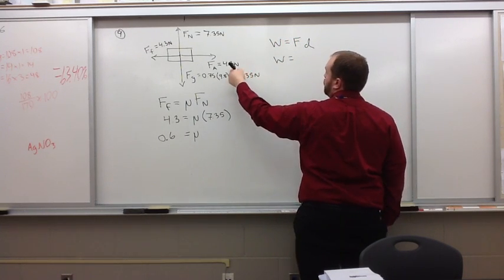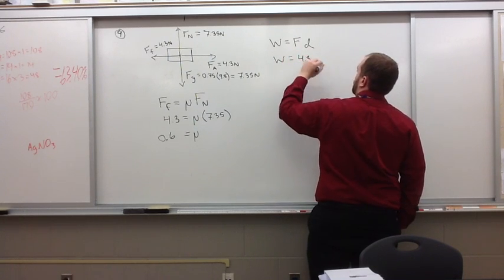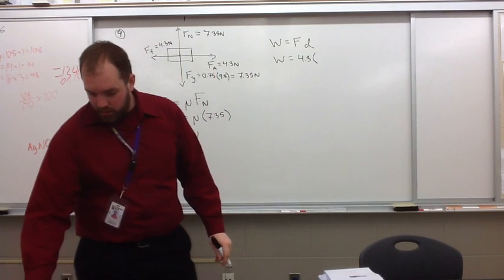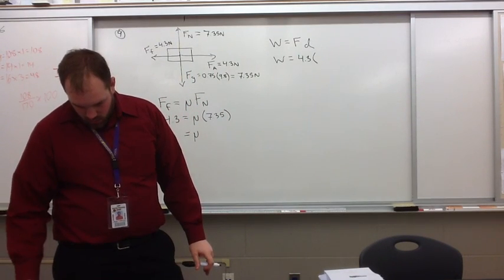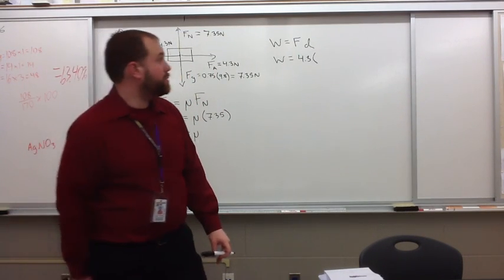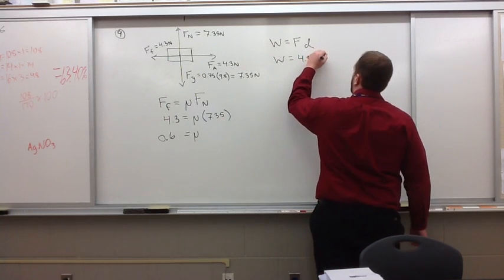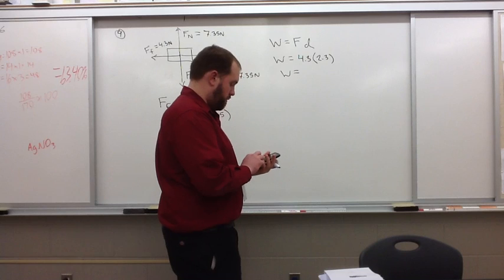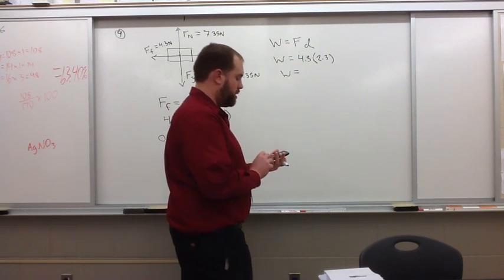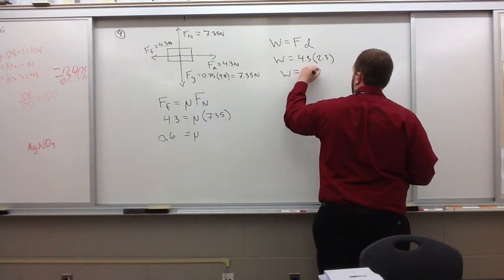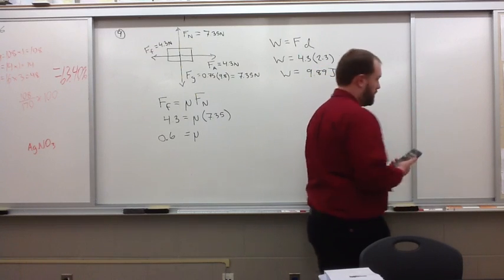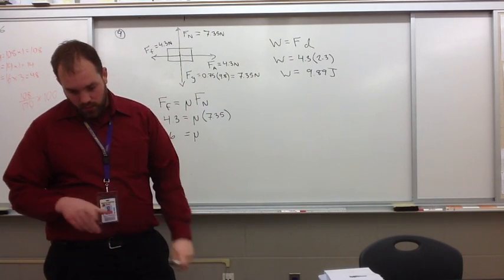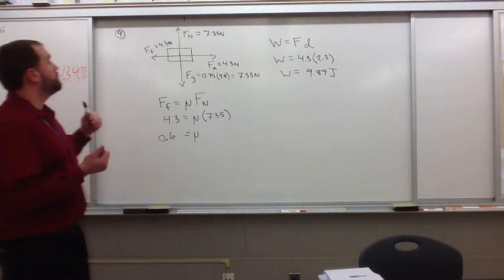So work is the force he applies, 4.3, times the distance he applies it for, which they tell you in the problem, is 2.3 meters. 4.3 times 2.3 gives me 9.89. Big J, joules. Cool. That is number 9.